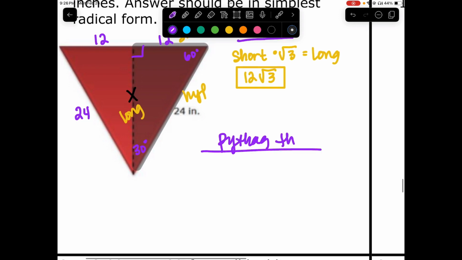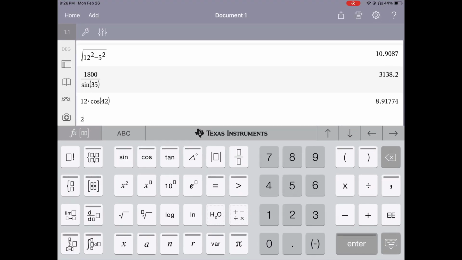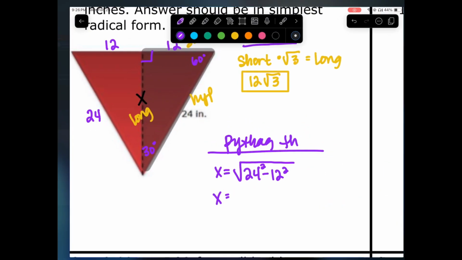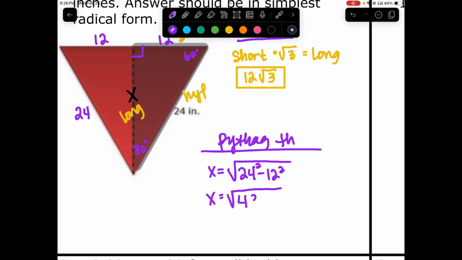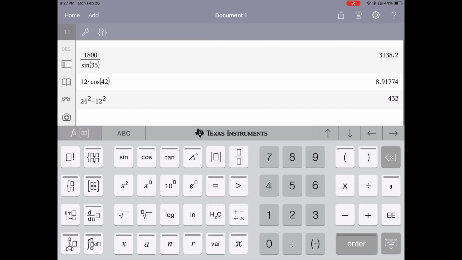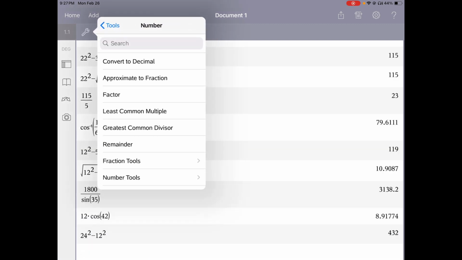And if you use Pythagorean theorem, you would be trying to find A or B. So to figure out x, you would just do the square root of 24 squared minus 12 squared. So let's figure that out. No radical. I'm just going to do what's underneath the radical. That'll be 432. And then we have to simplify 432. Let me just do it the way I'm used to doing it.